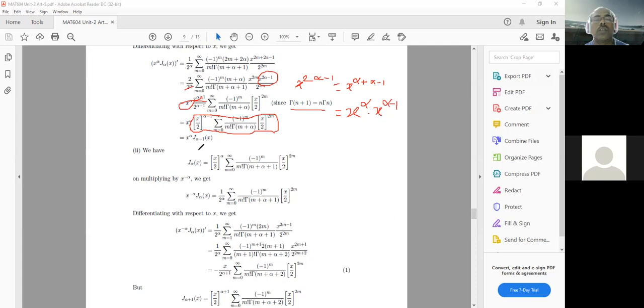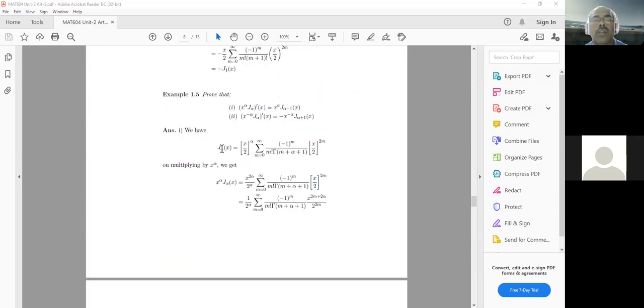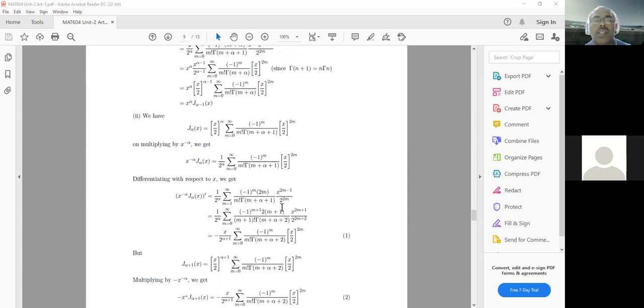So this is the derivative of the product of x to the power alpha and J alpha, which is nothing but x to the power alpha times the Bessel function of order alpha minus 1. See here, the power of x by 2 is alpha minus 1, so this is a Bessel function of order alpha minus 1. Going back to the value of alpha we have taken, the suffix is alpha and the power of x by 2 is alpha, so if you want alpha minus 1, you just replace alpha by alpha minus 1. This proves the first result.